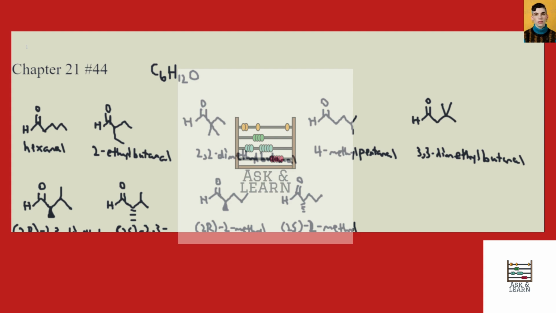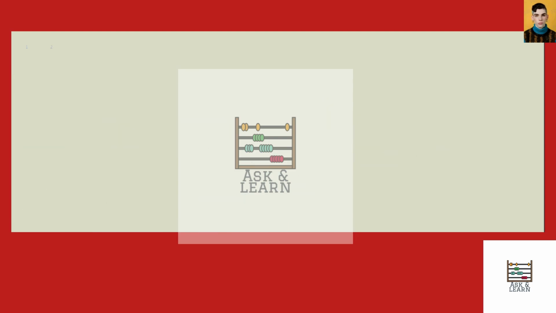Okay, and rather than try to crowd in the last two, I'm just going to put them on a second page here. And so this is going to be another pentanal derivative, but we're just going to put the methyl group on the 3 carbon instead. And so there's our aldehyde, 1, 2, 3, 4, 5.